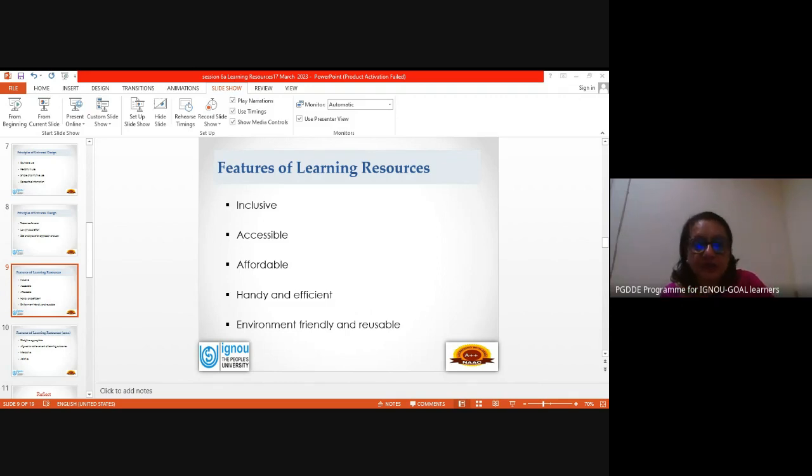We try to tell our students that you give back your books to the study center so that they are able to recycle them also. And this is not just for IGNOU, but for all. I remember when we were in school, I always got the hand-me-downs of my elder sister's books because this is how we functioned.